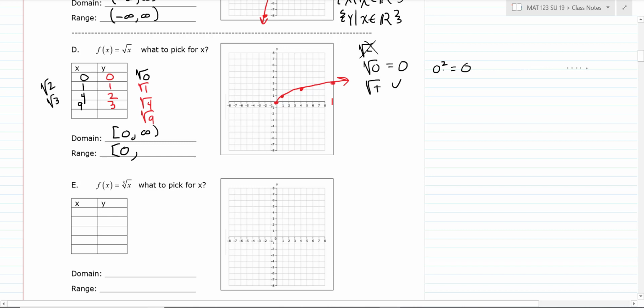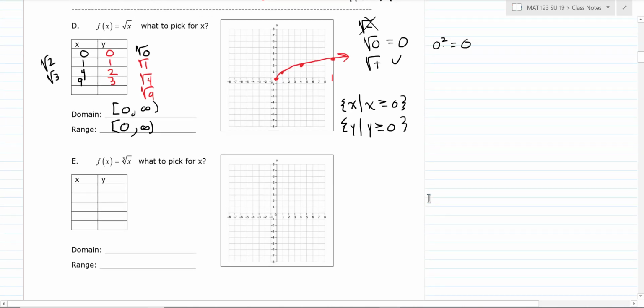It just gets bigger and bigger at a slower rate. So that would go like that. Okay, you could also write the domain like this. You could say set of x such that x is greater than or equal to 0. And you could write the range as set of, whoops, you want to always write the range with a y value. So we can say set of y greater than or equal to 0. Okay, like that. All right.